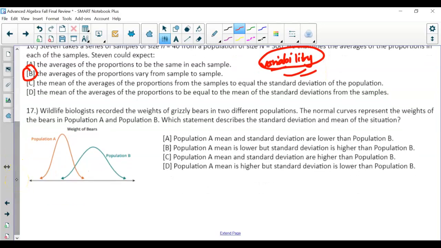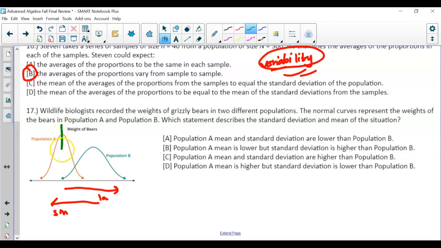So now in 17, you're looking to see based on the curves here, what's the relation between population A and B? Well, if you think about the number line, right, as you go to the left, your values get smaller. As you go to the right, your values get larger. So I could already tell by looking here, remember, the mean always cuts in the middle.